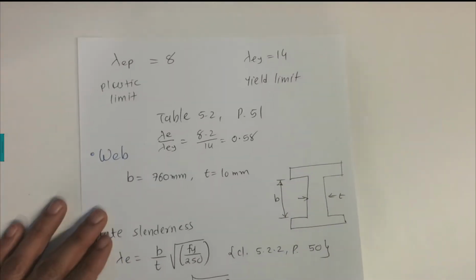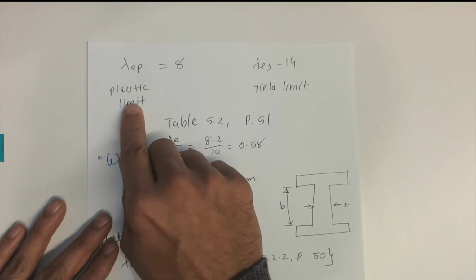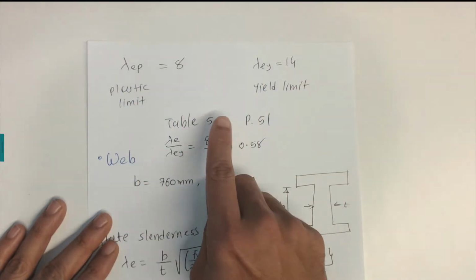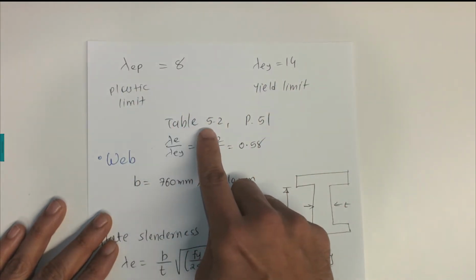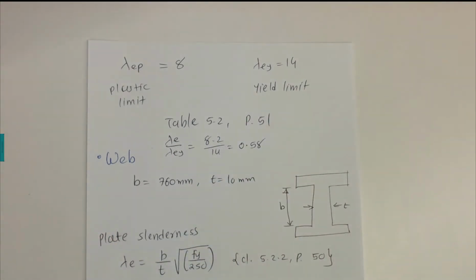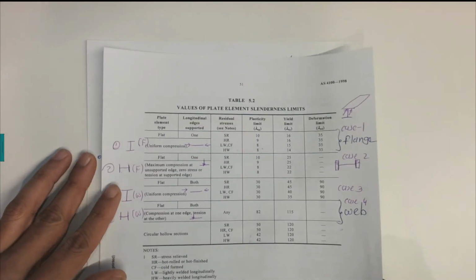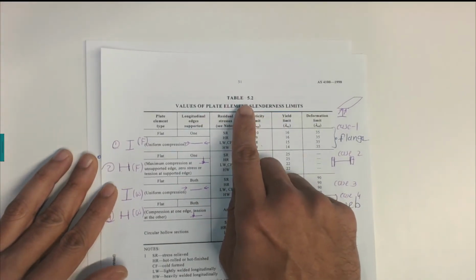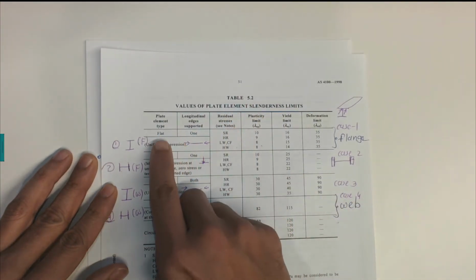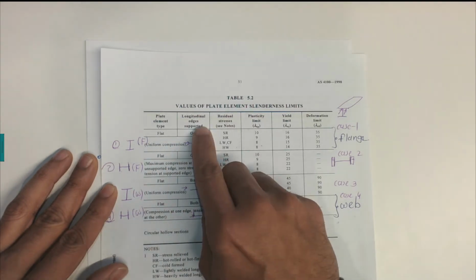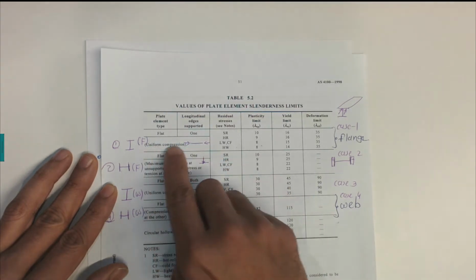Once we find this lambda e value, we can extract two values, lambda ep, which is the plastic limit, and lambda ey, the yield limit, for the flange. That is given in Table 5.2 on page number 51. For Table 5.2, the plate element type is flat, with one longitudinal edge supported and under uniform compression.